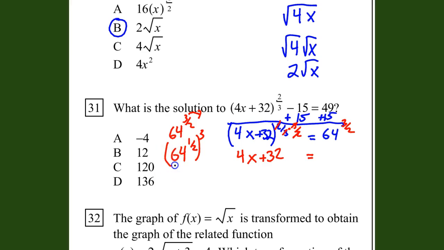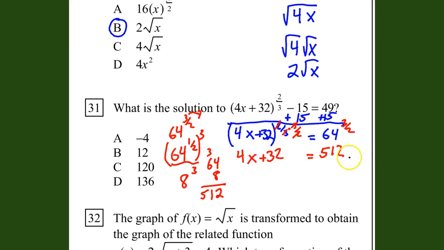So the square root of 64 is just 8. Now I have 8 to the 3rd, which is 8 times 8 times 8. 8 times 8 is 64, times 8 again would be 512. So that equals 512.